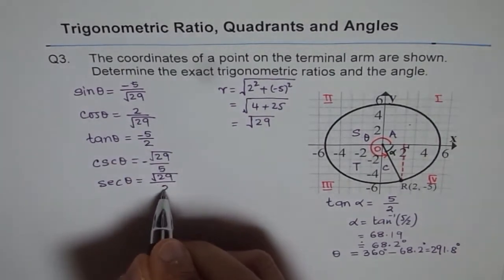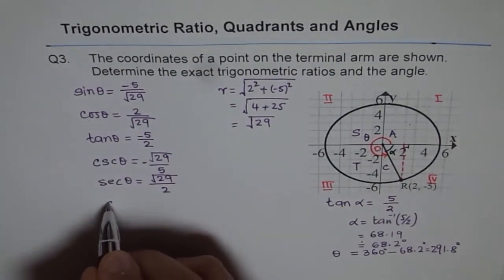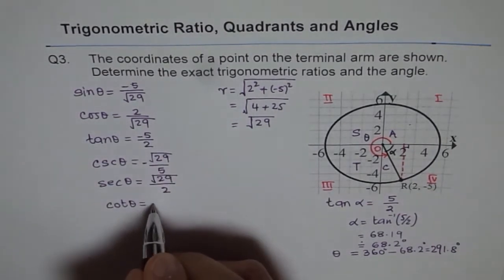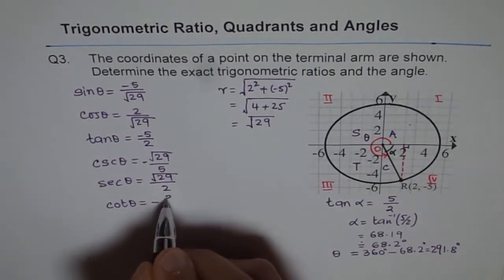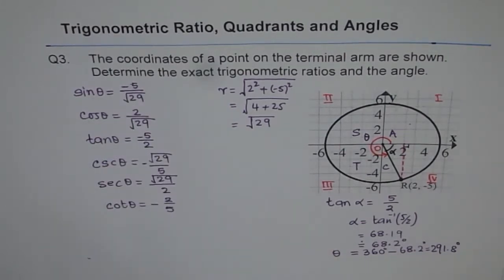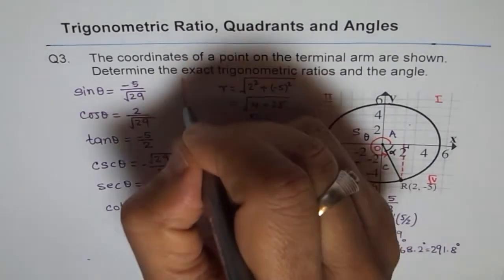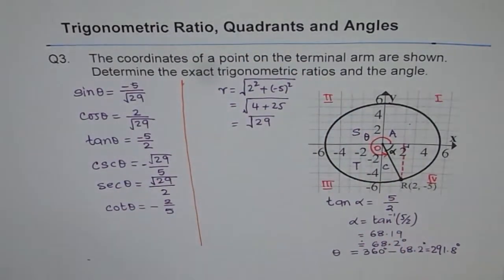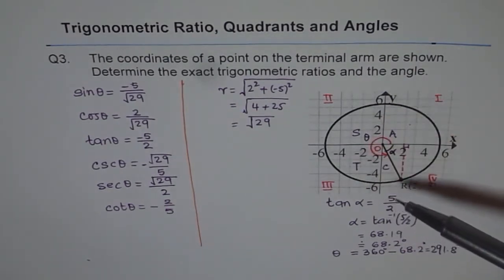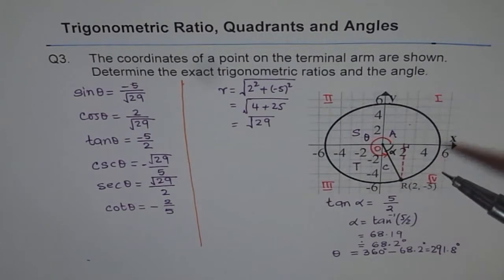And cot theta is the reciprocal of tan, which is minus 2 over 5. So that is how you get all your ratios. I hope you understand how to solve questions related to this kind of problem, a point given on the coordinate system.